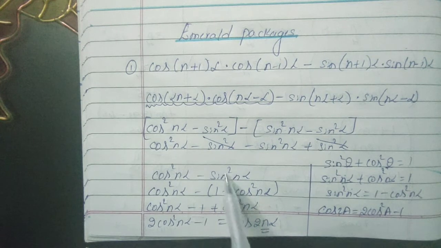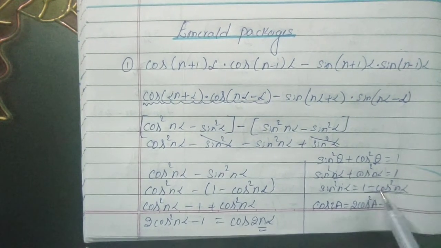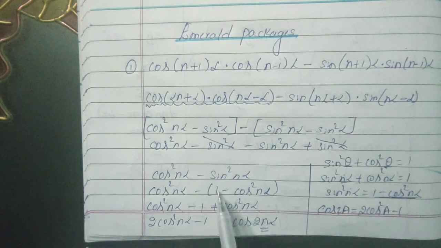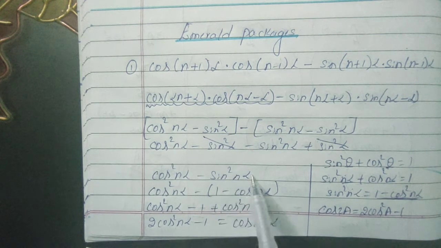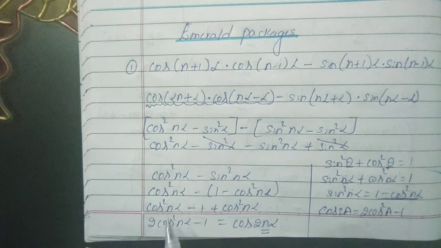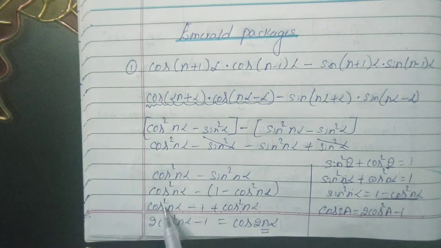Now in the place of this sin square n alpha I am taking 1 minus cos square n alpha. Now cos square n alpha minus sin square n alpha plus 1 minus cos square n alpha. Cos square n alpha as it is, minus 1, minus into minus plus cos square n alpha. Cos square n alpha, cos square n alpha, 2 times cos square n alpha minus 1.